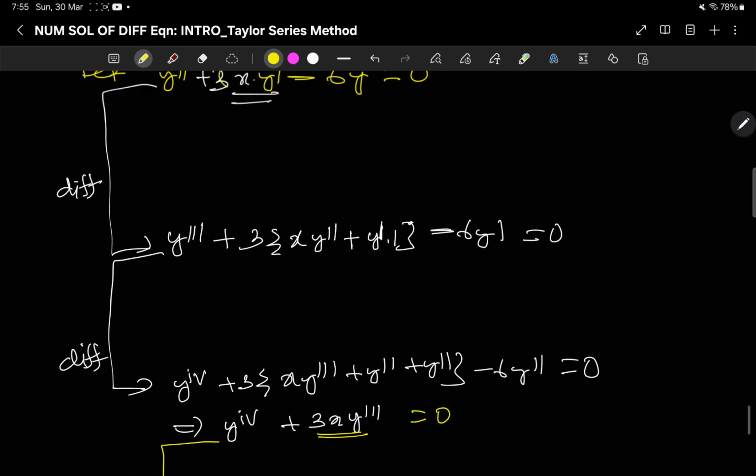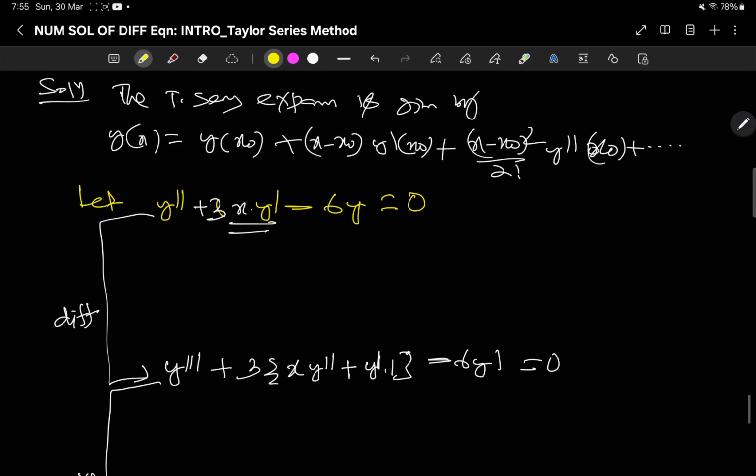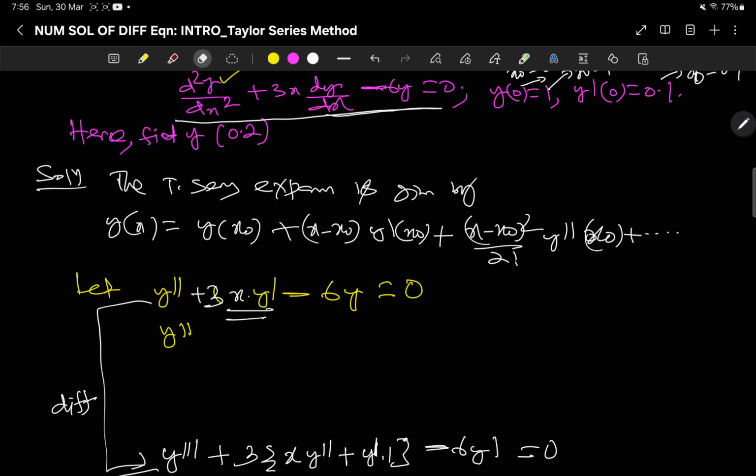Now consequently I find what is my y double dash 0. That means at my x0, y double dash x0 plus 3 x0 y dash x0 minus 6 y of x0 equal to 0.